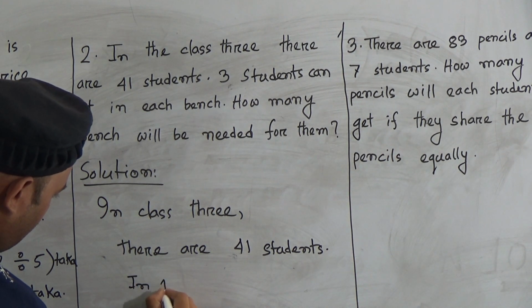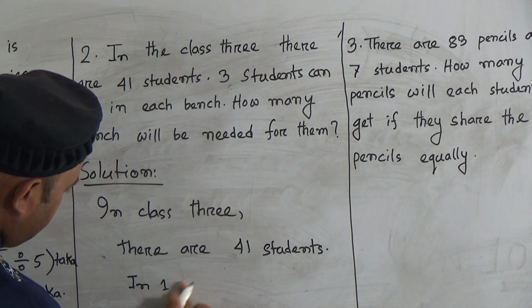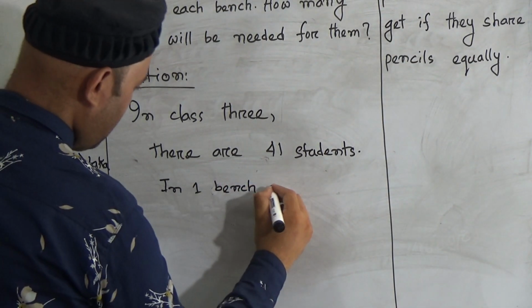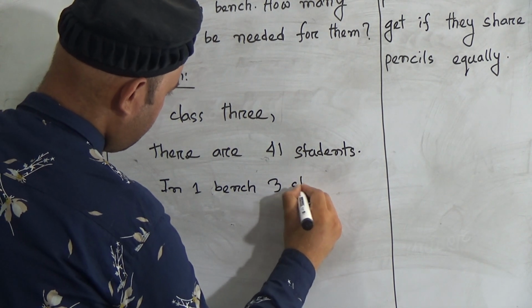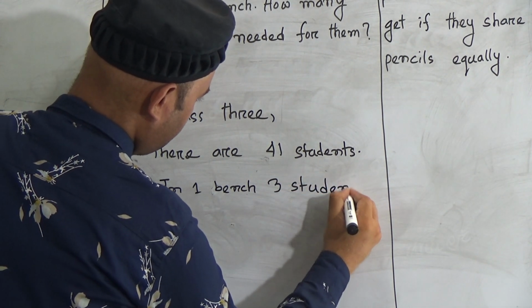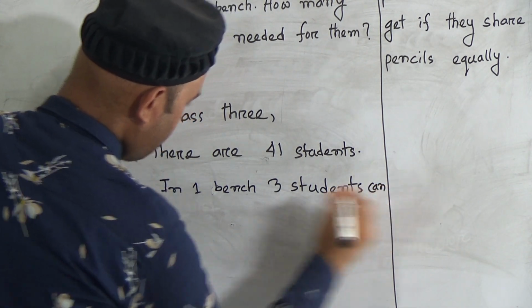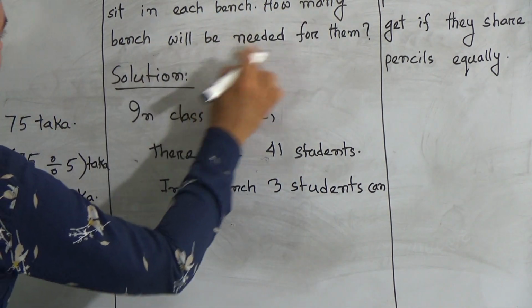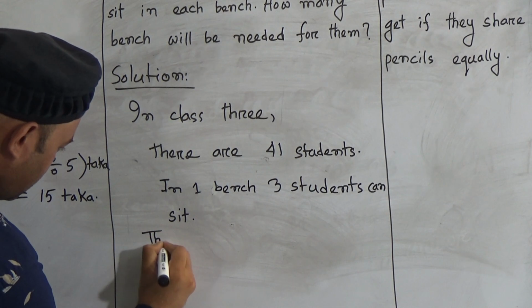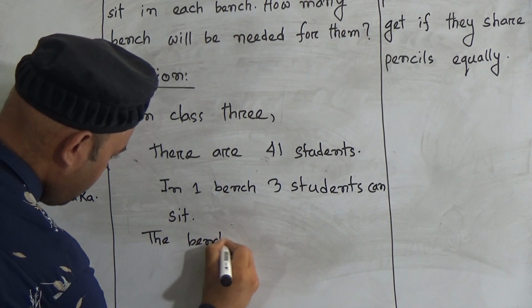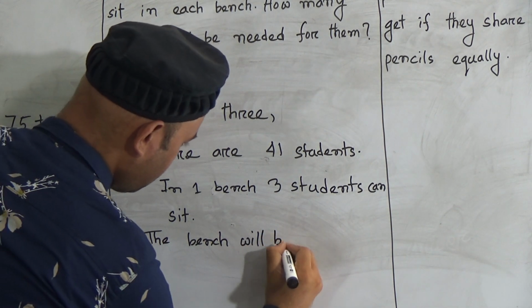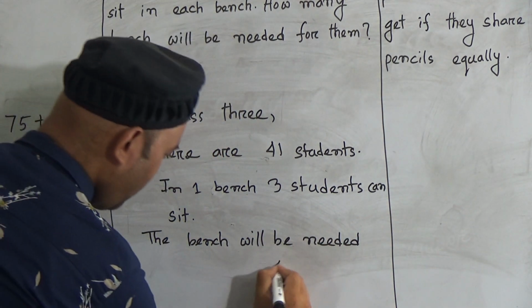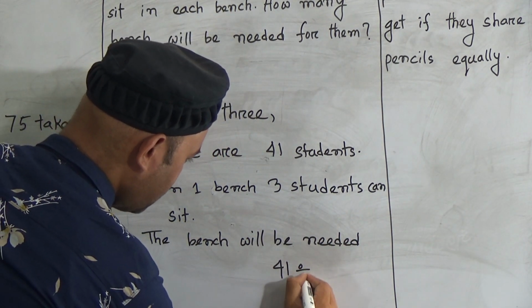In one bench, 3 students can sit. How many benches will be needed? The benches needed will be 41 divide 3.